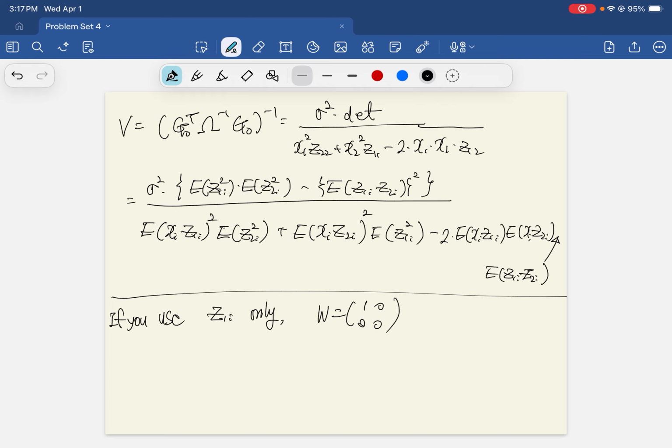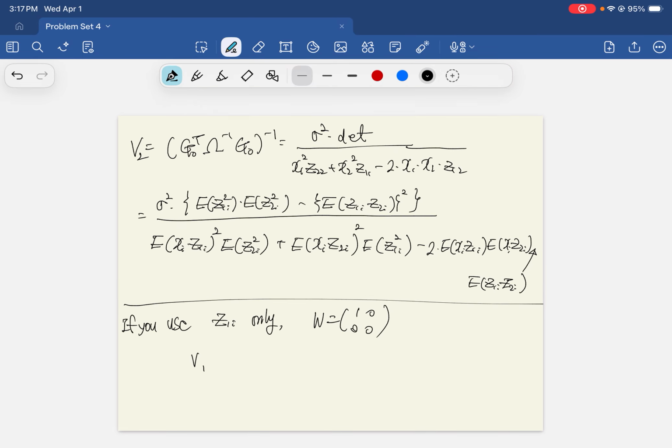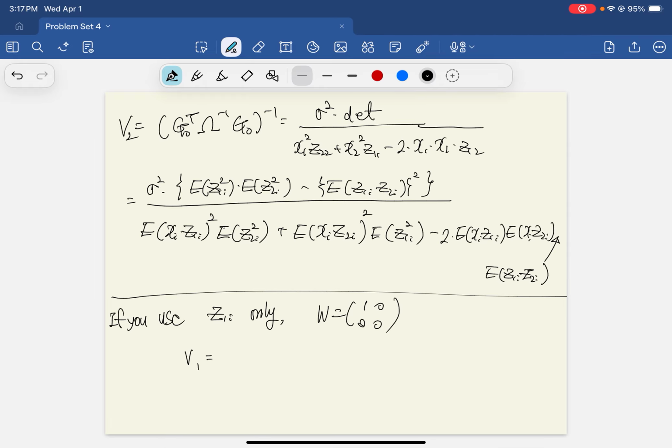If you use just one IV, then the variance becomes sigma squared times the expectation of z1i squared divided by the expectation of xi times z1i, squared.